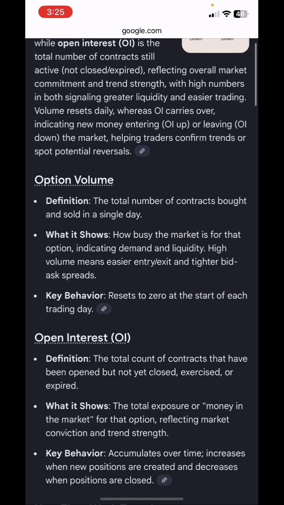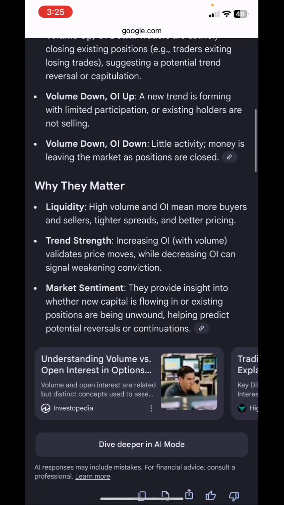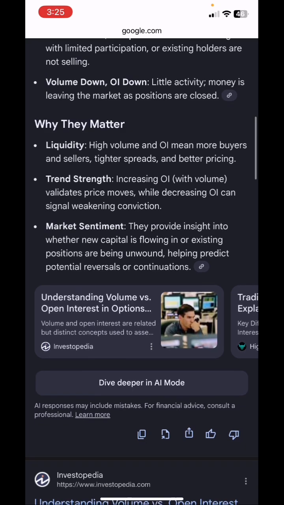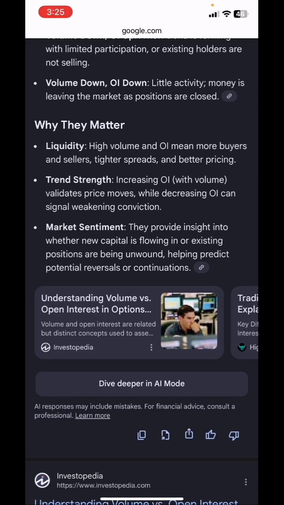Now, why do they matter? Liquidity. Know what liquidity is. High volume and open interest means more buyers and sellers. So when they're both up, you get a tighter spread, so the bid-ask spread is not a huge gap, and better pricing.